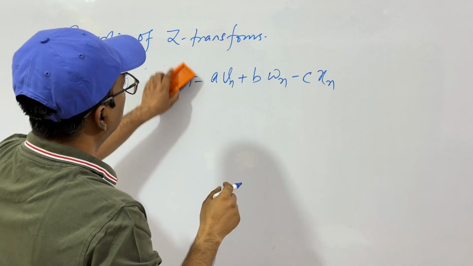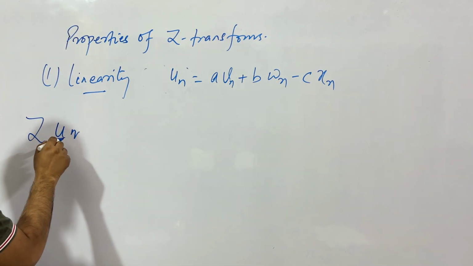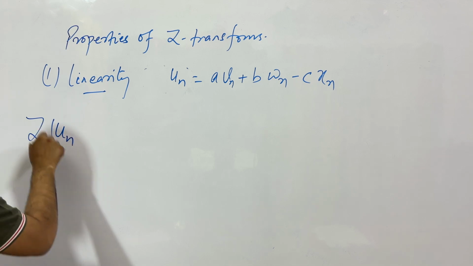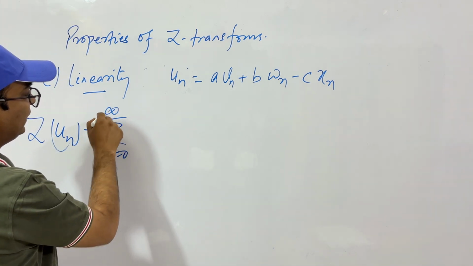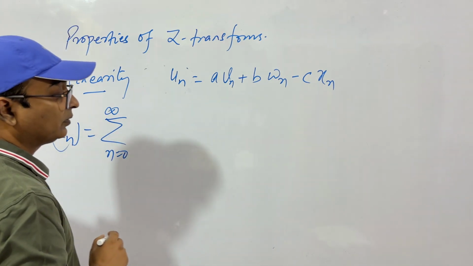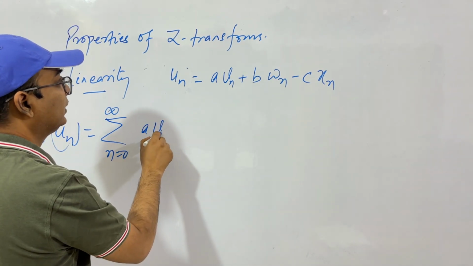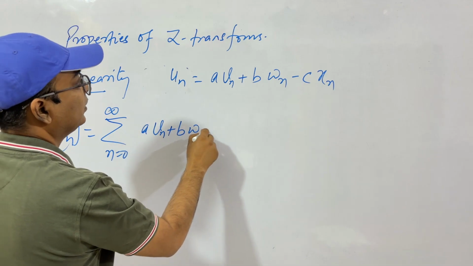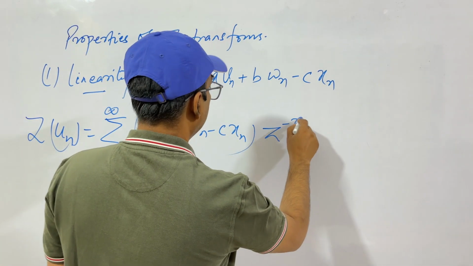The Z transform of u(n), as you know very well, is the sum from n equal to 0 to infinity of u(n) z to the power minus n. In place of u(n), you write a v(n) plus b w(n) minus c x(n), into z to the power minus n.